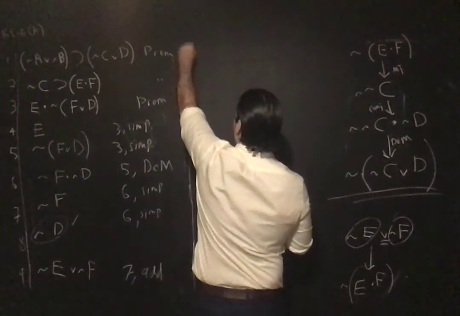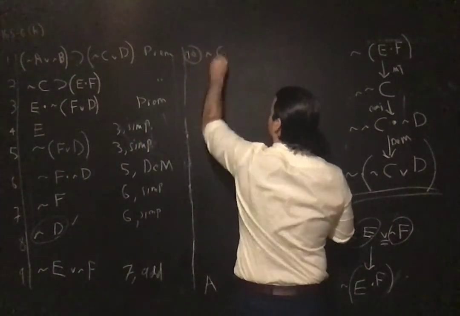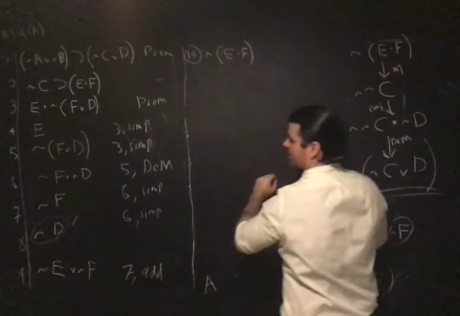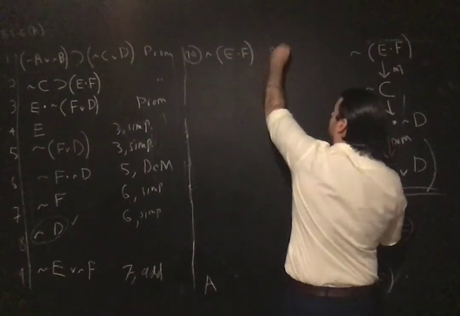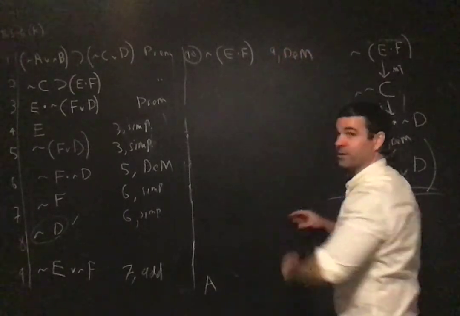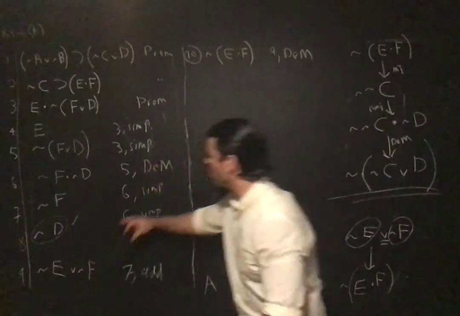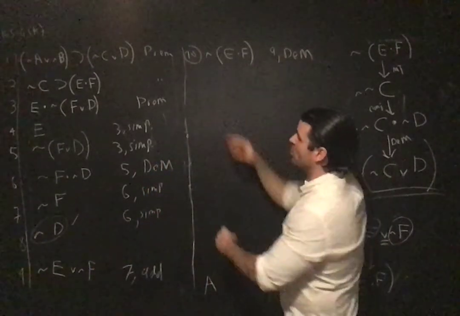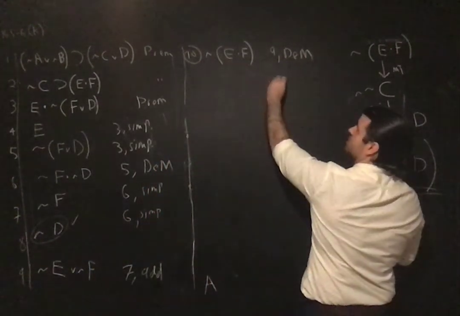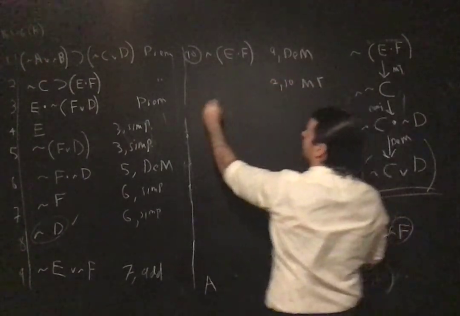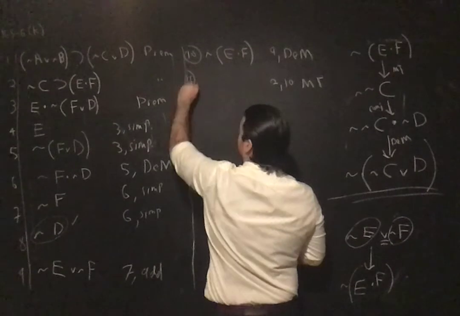Now I just complete the proof. That becomes not E and F by 9 De Morgan. This is now, I'm just putting in place all my working backwards thought. I wanted that because it's equivalent to that. I want that so I can do modus tollens on 2. 2 and 10 gives me 11.